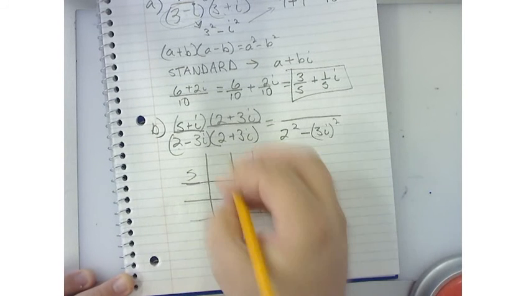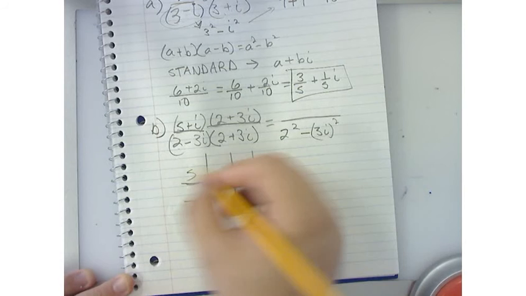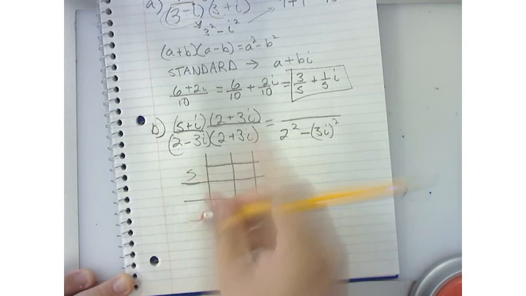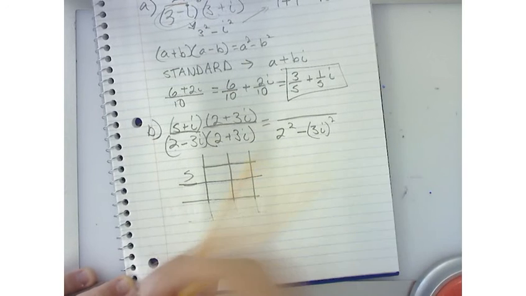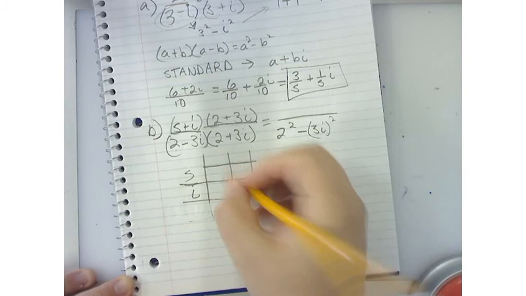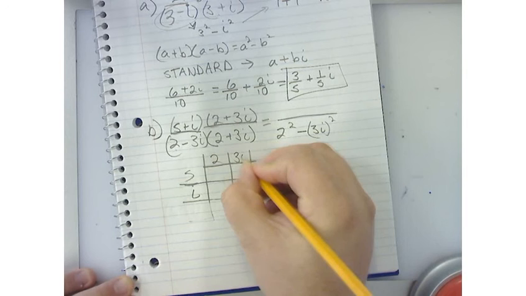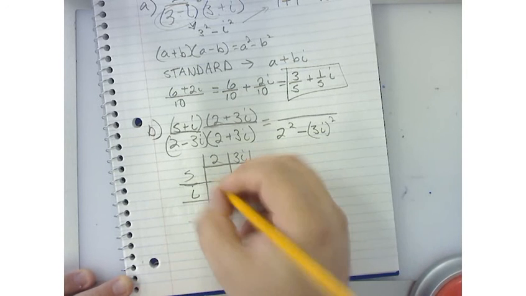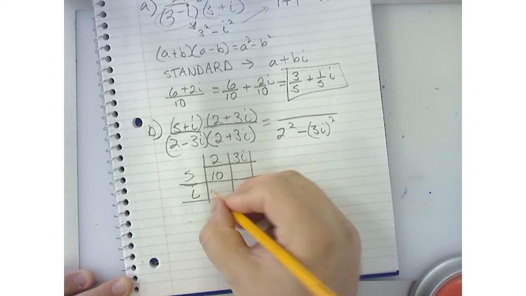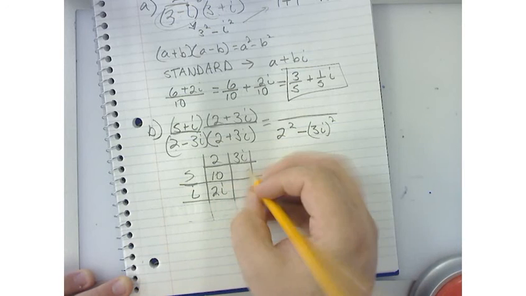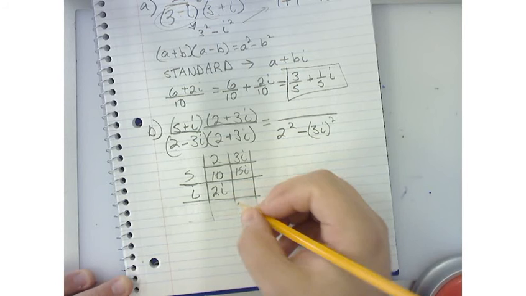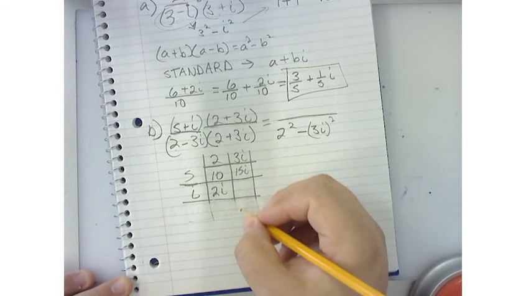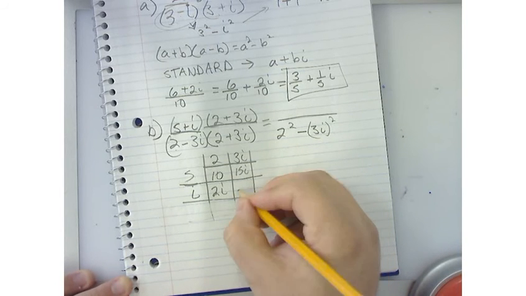I'm going to have 5i times the quantity 2 plus 3i. So 5 times 2 is 10. This becomes 2i. This becomes 15i. And then this becomes 3i squared. But what is i squared? So this becomes -3.